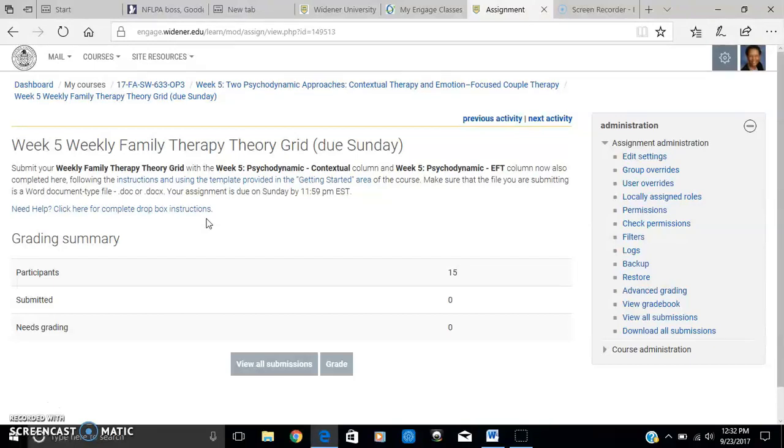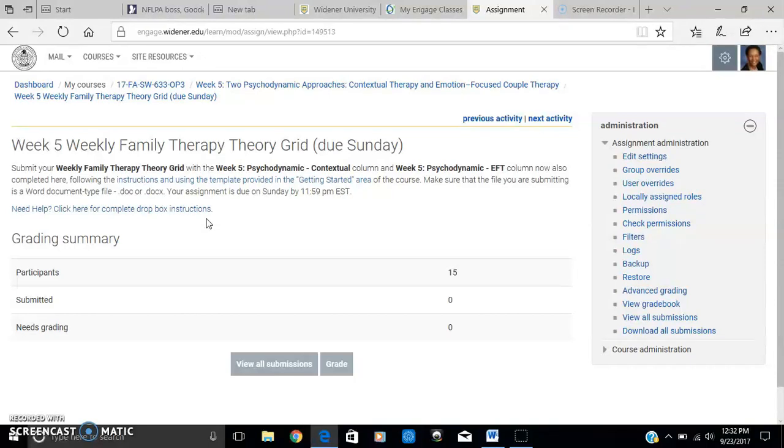In the first stage, the cycle of de-escalation, the couples develop an understanding of the negative interaction cycle that drives distress in their relationship. The second stage is restructuring interactions. This involves the shaping of new core emotional experiences and new interactions that lead to more secure connection.